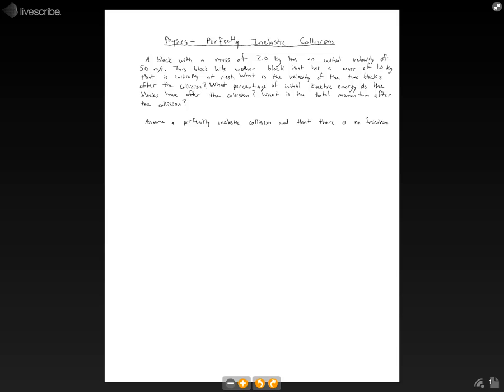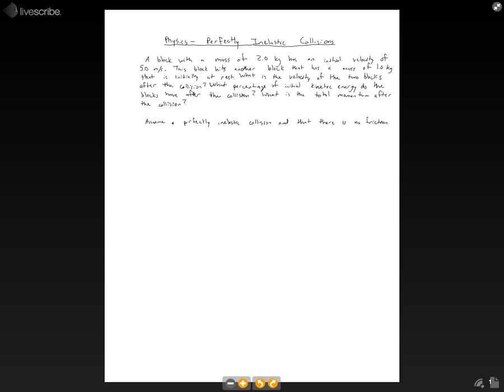Okay, so for these, a perfectly inelastic collision is one where what happens after the collision is that the two, or however many things are colliding here, stick together as a whole after the collision.